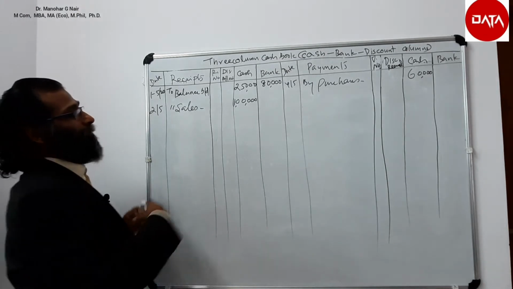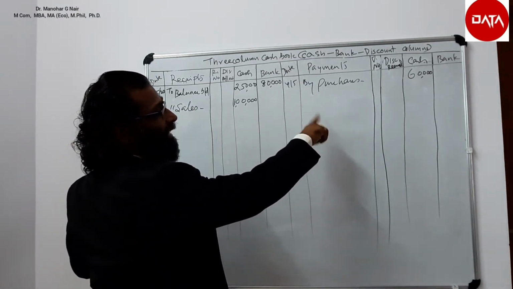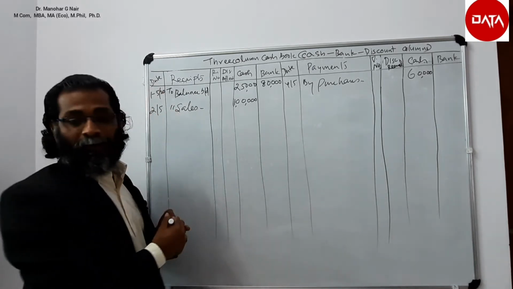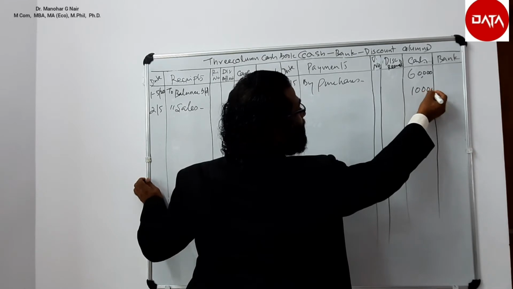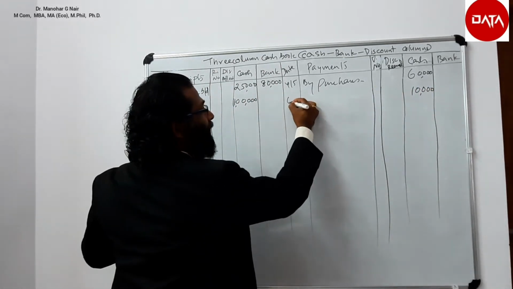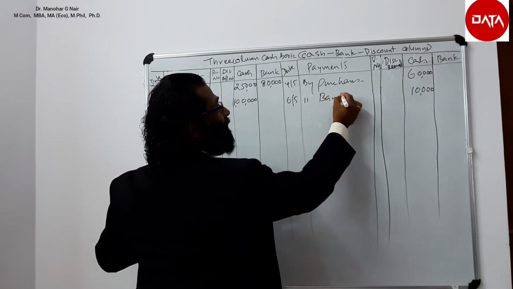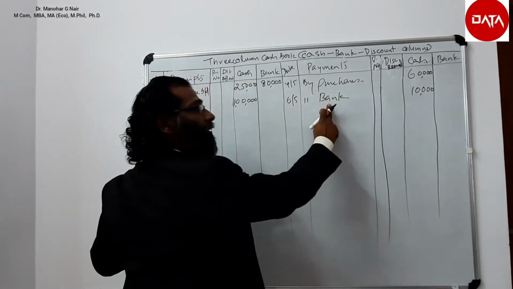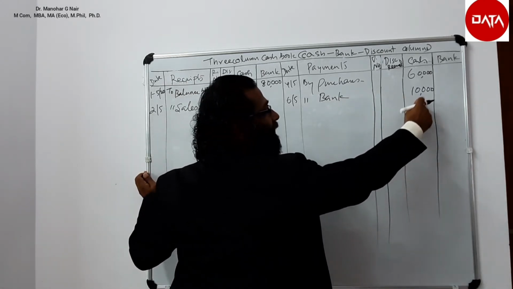So in the payment side, cash paid into bank rupees 10,000 in the cash column. Date is on 6th May, paid into bank. In the particular column you have to write bank and payment from cash 10,000.